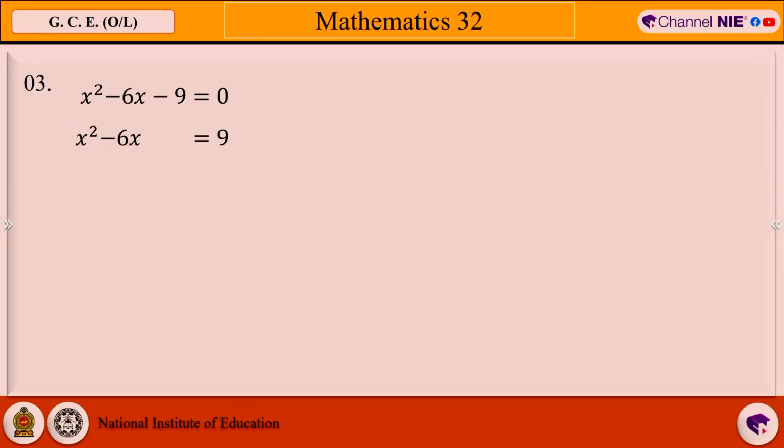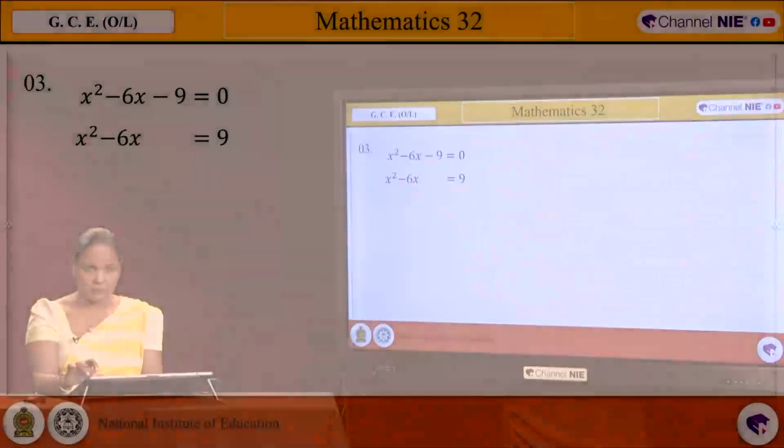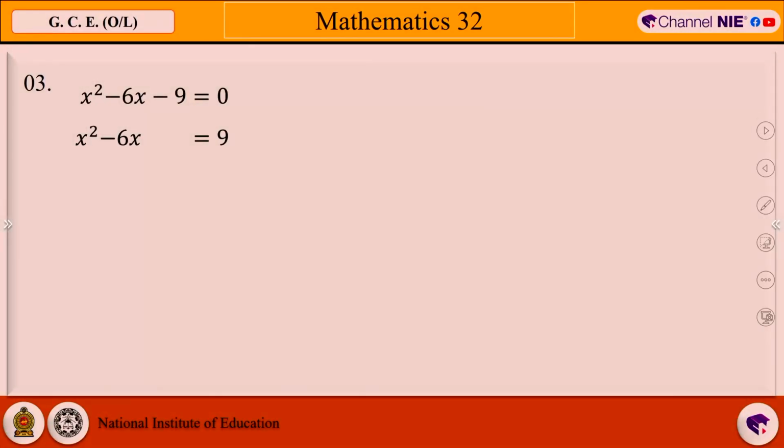Here I have used the completing squares method. To solve the quadratic equation, I used the method of completing squares. You can use the formula too. Now, we will see using completing squares how to solve this for x.